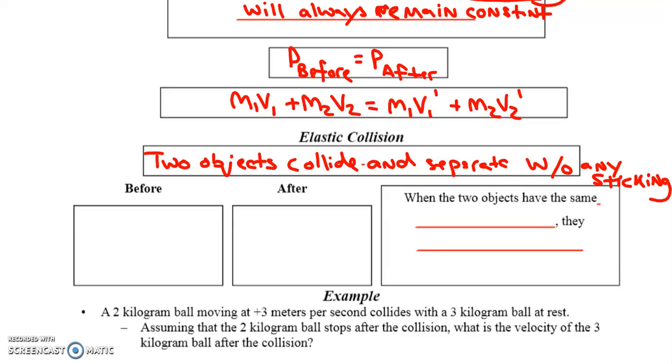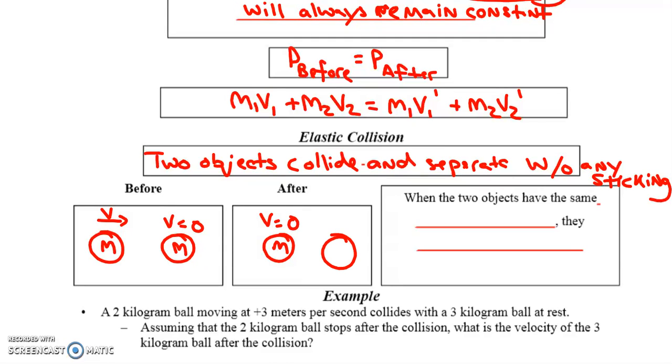So you can consider two billiard balls. A billiard ball with mass m comes in with speed v. It collides with another object with mass m that is stationary. And then after, the ball that came in is now at rest, and the ball that was at rest is now moving with the exact same speed v.